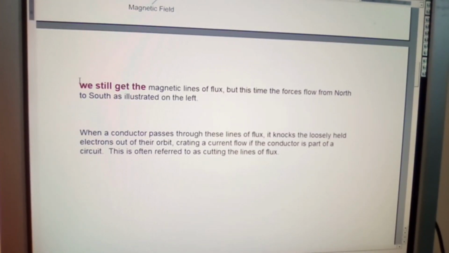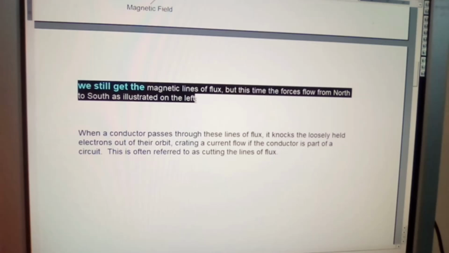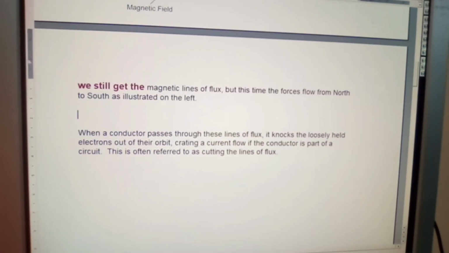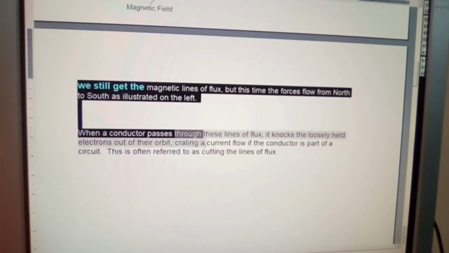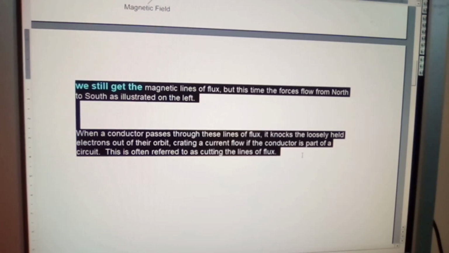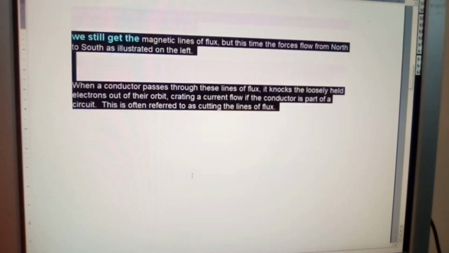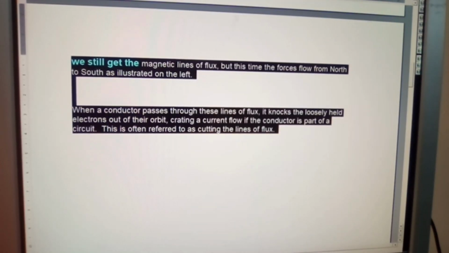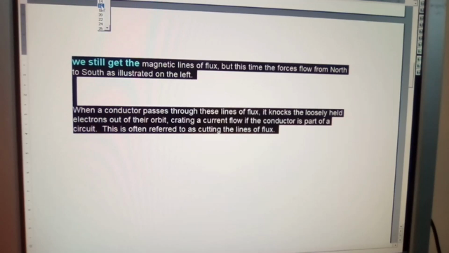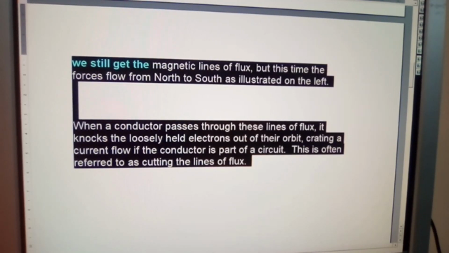Now what I want to do is to look at, okay, let me just make it a little bit larger. 16 as well.